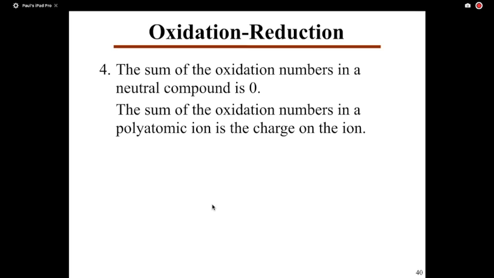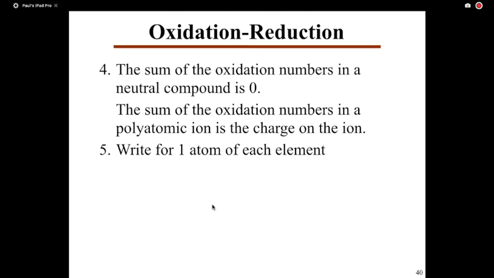So if it's a full compound, it has no charge, everything added up has to be 0. And if you have an ion, everything added up has to be equal to the charge of the ion. You write one oxidation state for each element.